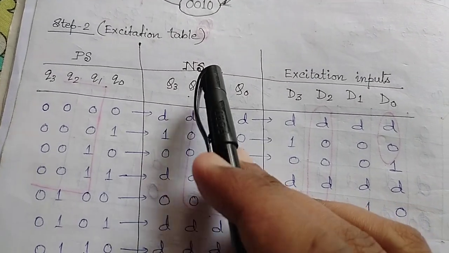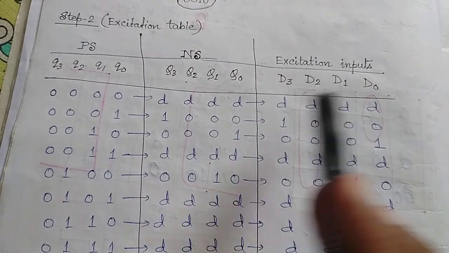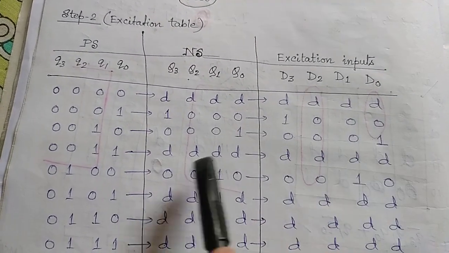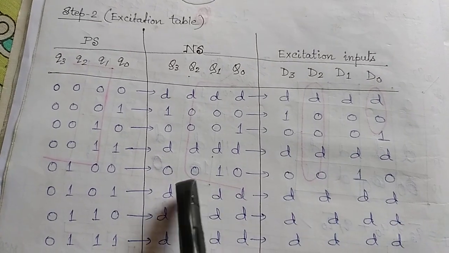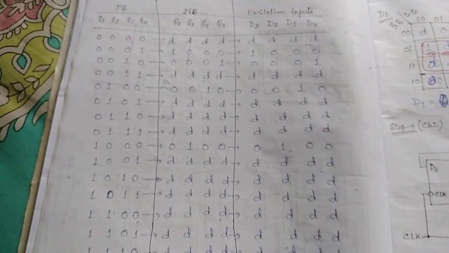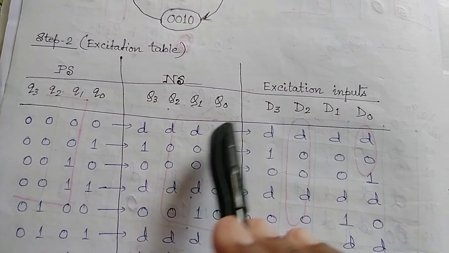So whatever I have written in the next state, just copy paste here. DDDD, 1000, 0001, don't care, 0010. So just copy paste, and then after doing that, move forward to the next step.